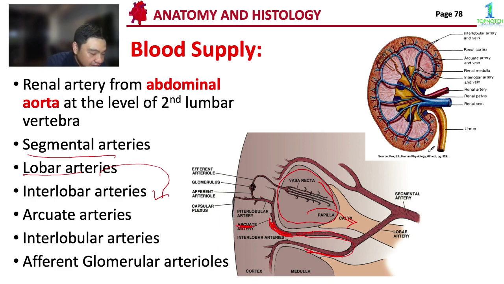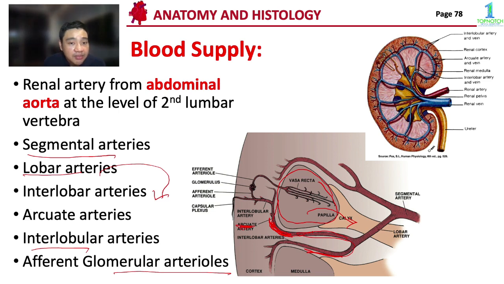And then it subdivides further to what we call interlobular arteries, eventually leading to afferent glomerular arterioles. Sounds familiar? Yes. So at this level, I'd like you to appreciate the subdivisions of the renal artery to a histological level, how it reaches the nephrons, the functional unit of the kidneys for actual filtration.